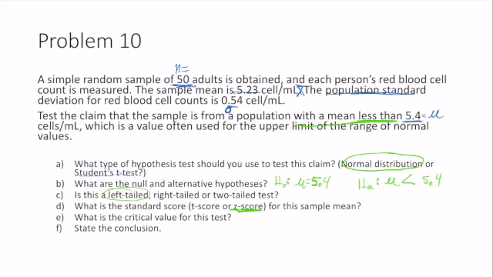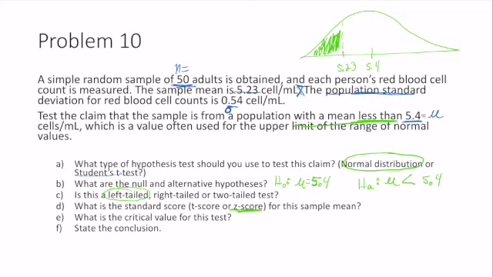When we look at the graph of our normal distribution with a mean of 5.4 and we've got a sample mean of 5.23, our z-score is going to find the area in this tail for us. So let's go ahead and calculate this z-score.